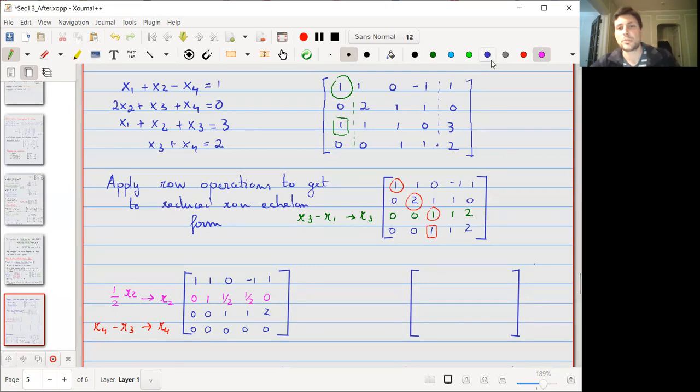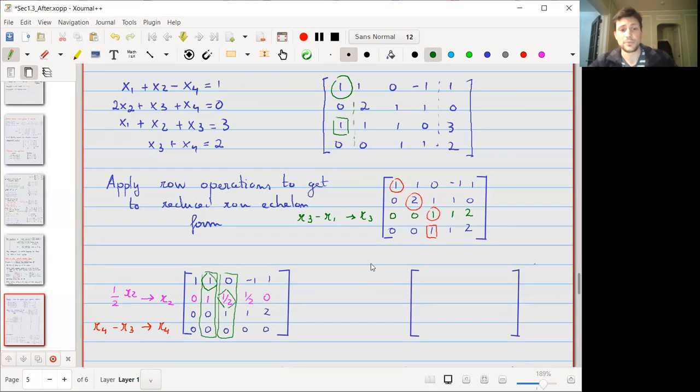So the next problem that we need to take care of is the fact that they need to be the only non-zero entries in their columns. And as you see, the first leading entry 1 is indeed the only non-zero entry in its column, but the first and third leading entries have some non-zero elements in their columns, which we need to take care of.